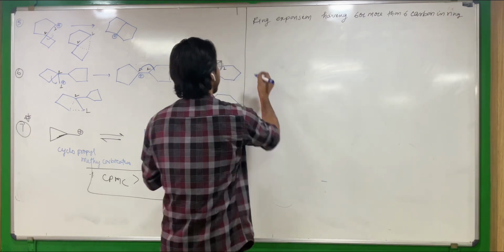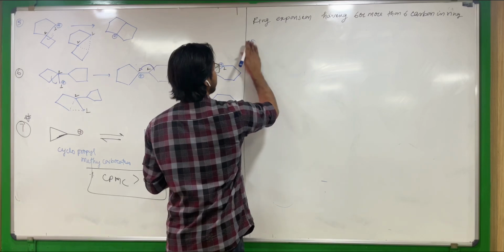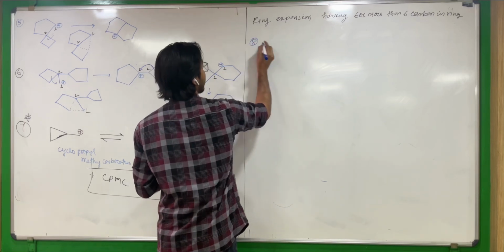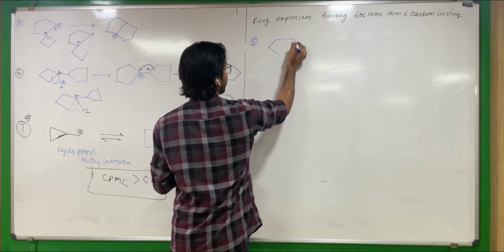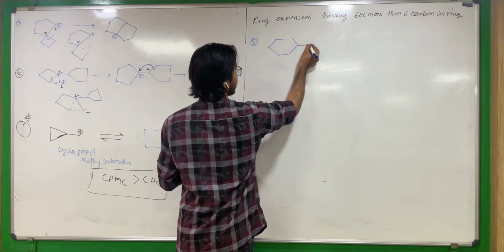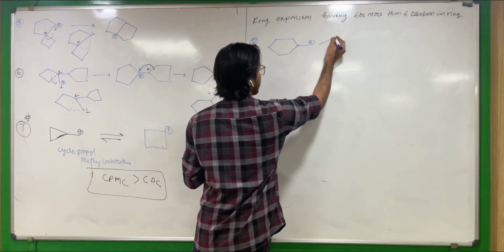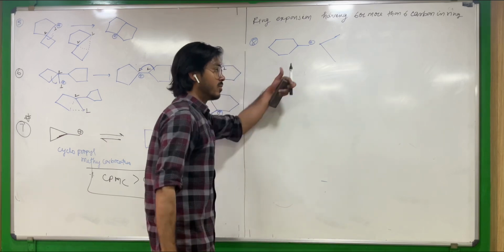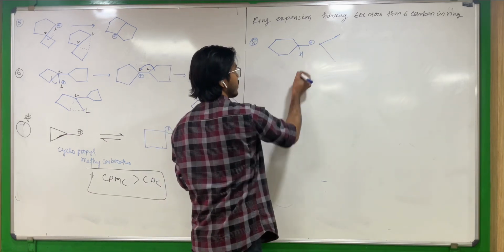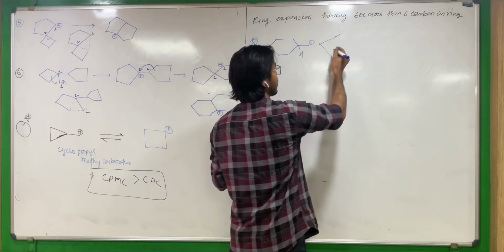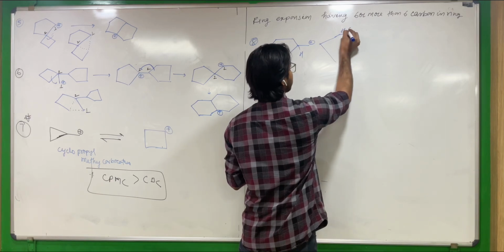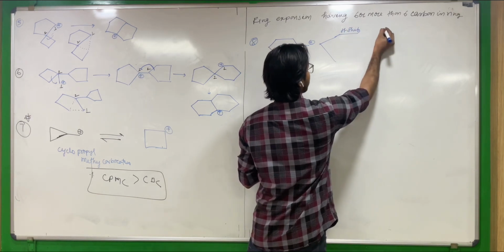So the first example I will take is cyclohexane. Now the positive charge is present here. Now two cases are there. Here hydrogen is present, so if we do a hydride shift, the product formed will be this.